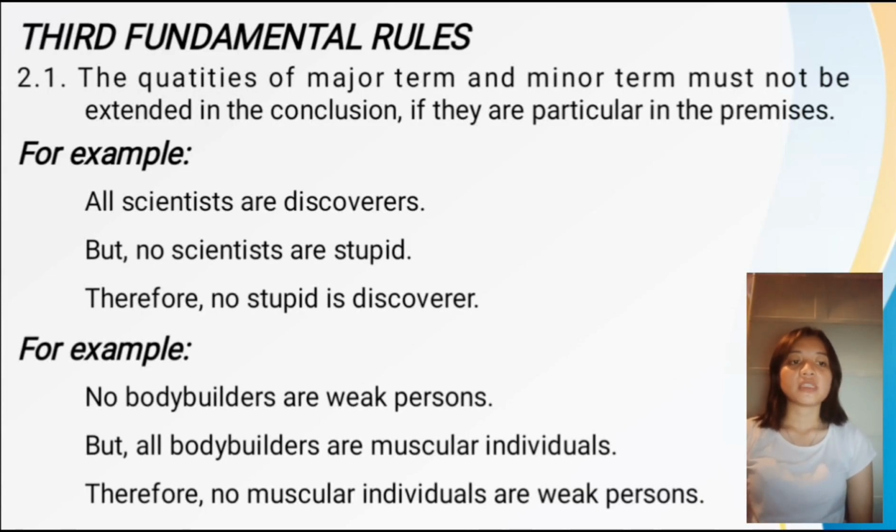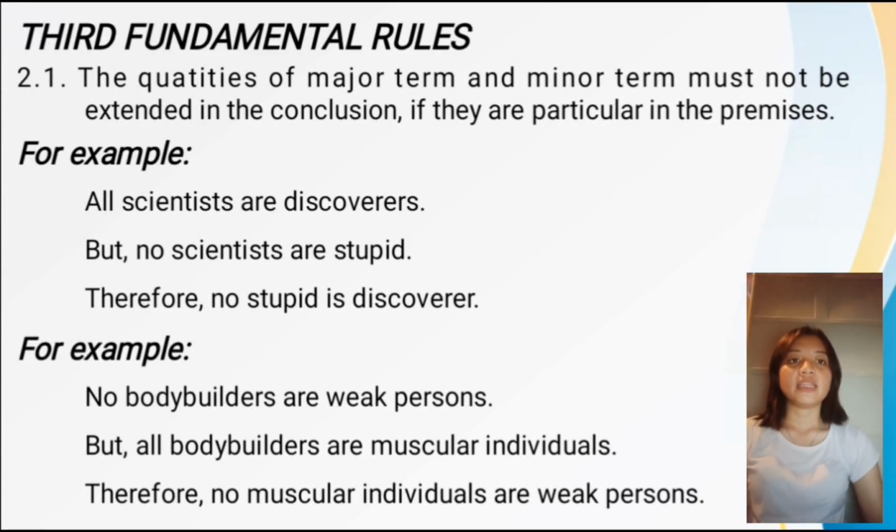The premise states that all scientists are discoverers, but it doesn't provide information about all stupid people. Therefore, the conclusion that no stupid person is a discoverer cannot be supported by the premises.